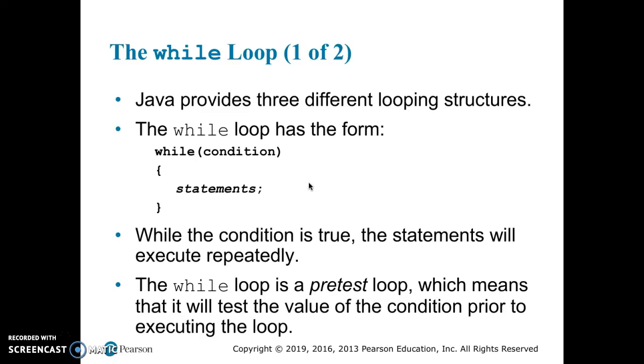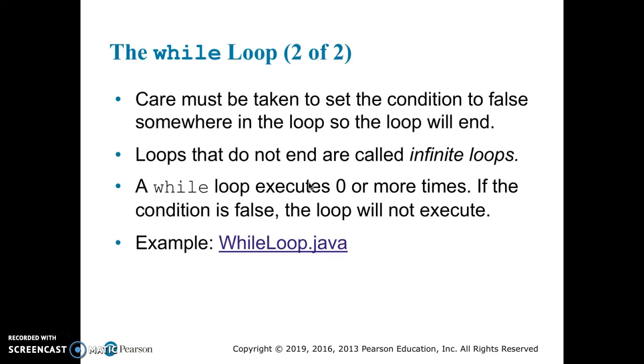The do while loop, which we'll talk about in a bit, is another kind which allows the condition to be tested after the loop has gone through one time. And obviously, when we're doing a while loop, we have to make sure that at some point we set the condition to false so that the loop will end. Otherwise, we end up with infinite loops, which is something that I'm sure you will experience as a programmer, if you have not yet, and it will cause your program to crash.